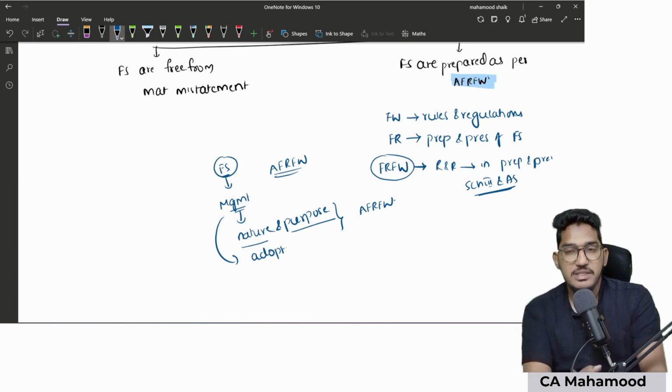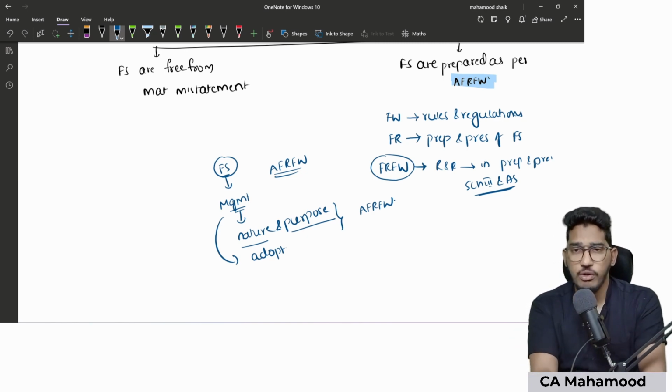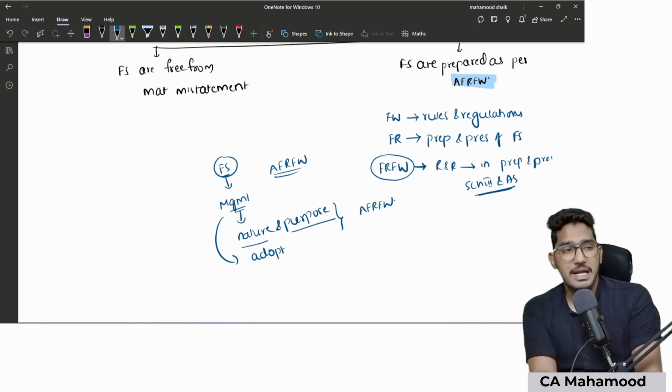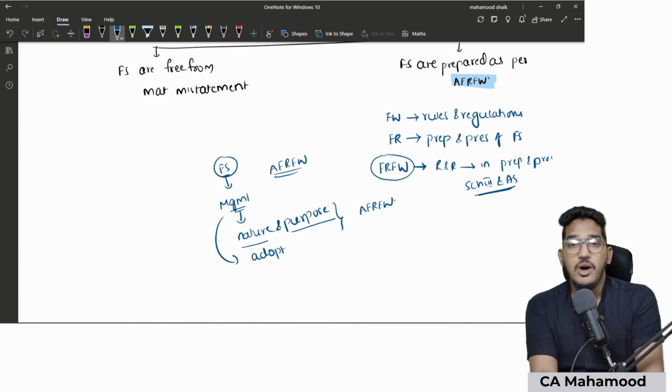Financial reporting framework means a set of rules and regulations which are required to be followed in the preparation and presentation of financial statements. The management of the organization, keeping in mind the nature of the organization and the purpose of financial statements, will decide which set of rules and regulations will be applicable for them, and they will adopt it.